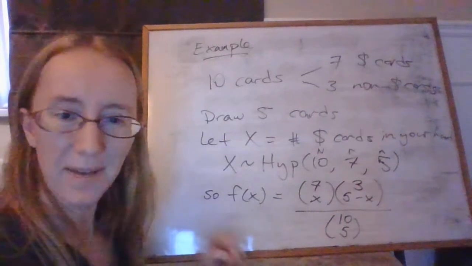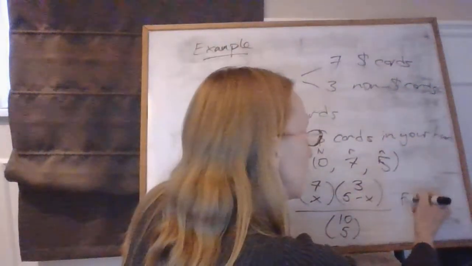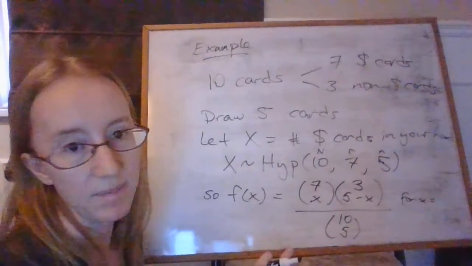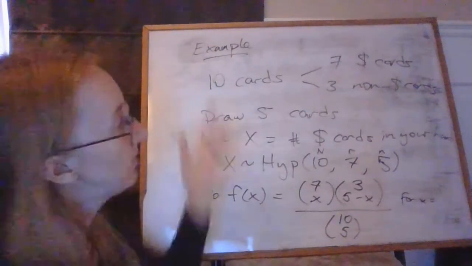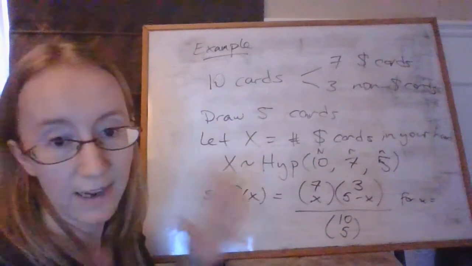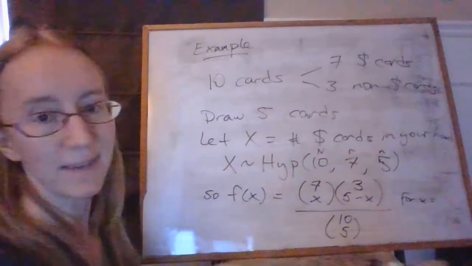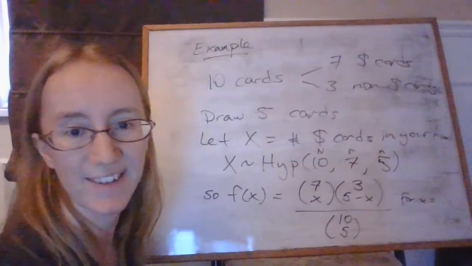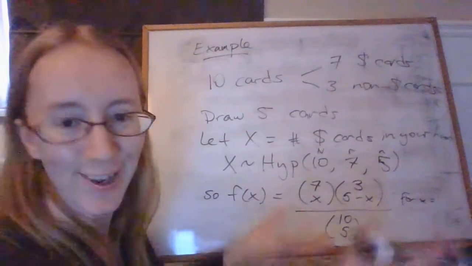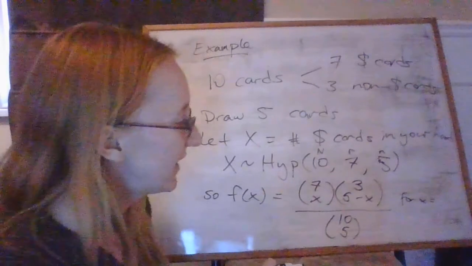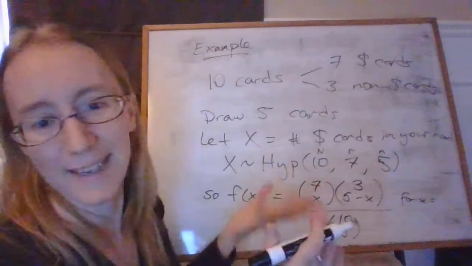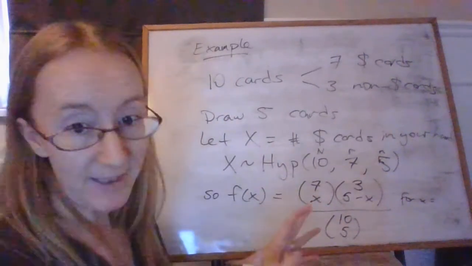But what are the possible values for x? Obviously, the maximum you could get if you're drawing 5 cards would be 5, right? You could get 5 money cards, you'd be happy, you could buy something really good. In Dominion, it's like the marketplace is 5 coins, whatever. So 5 is the maximum for sure.